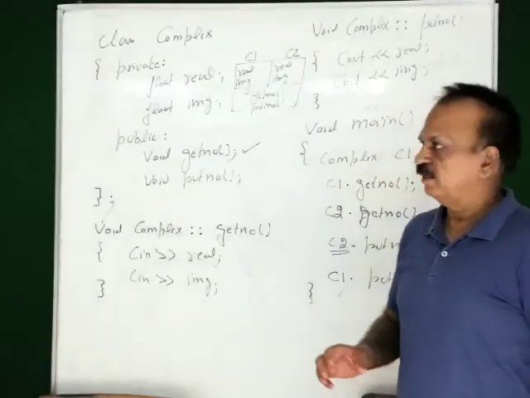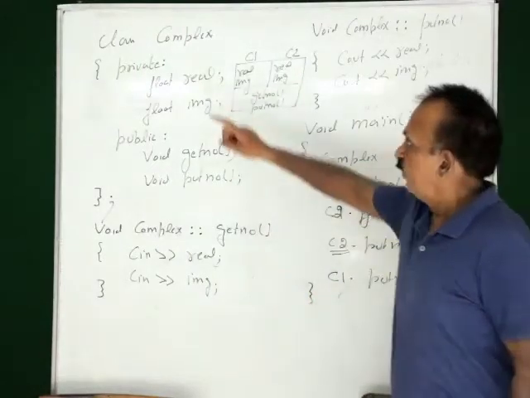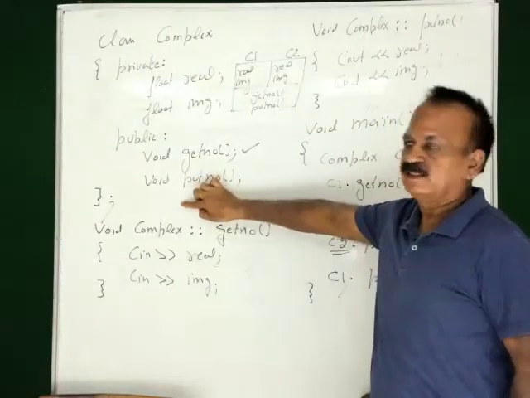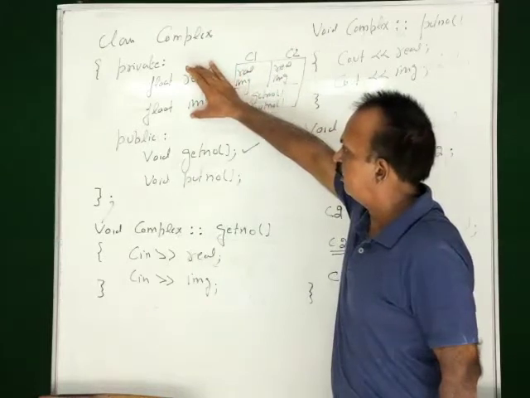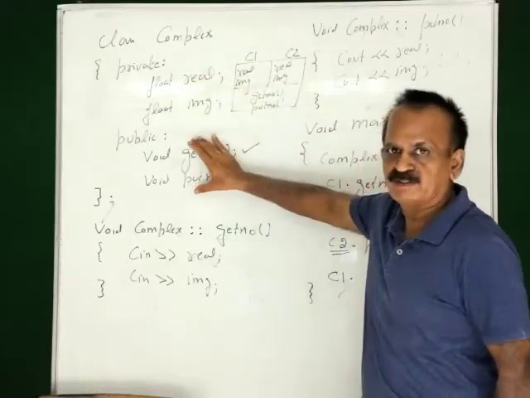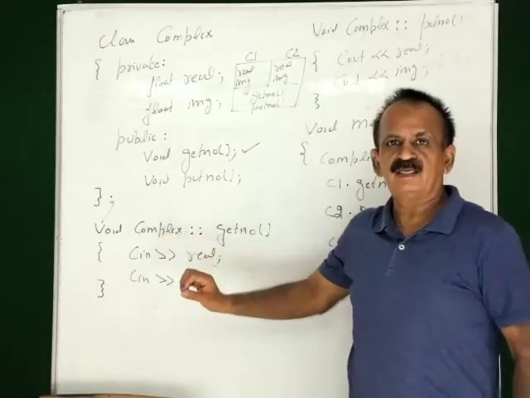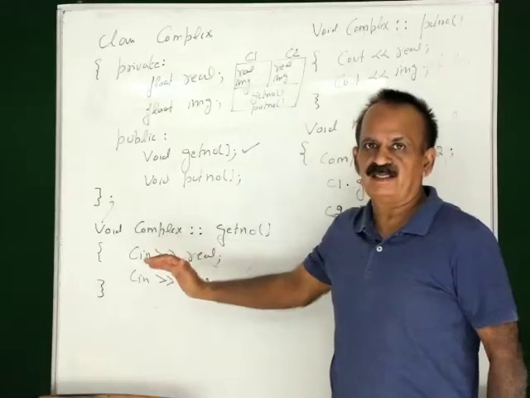In this example, we use all the facts which were discussed in the lecture. First, this particular part is how the class is declared. This is declaring the class, the data members and the member functions of the class. The second part contains how the member functions are defined. These are defined outside the class.